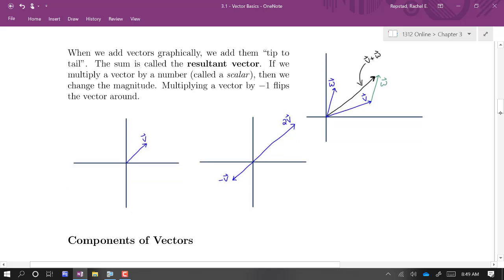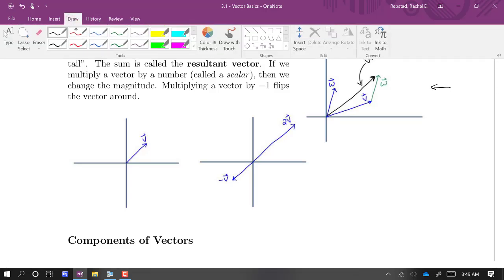If we add vectors, we're going to relearn how we add vectors more precisely, but graphically, geometrically, when we add vectors, we add them tip to tail. So over here in the diagram on the right, we have a couple of vectors v and w.